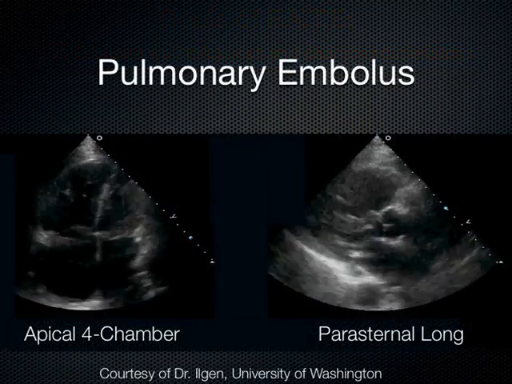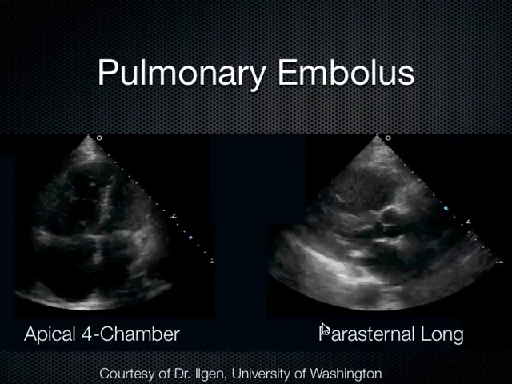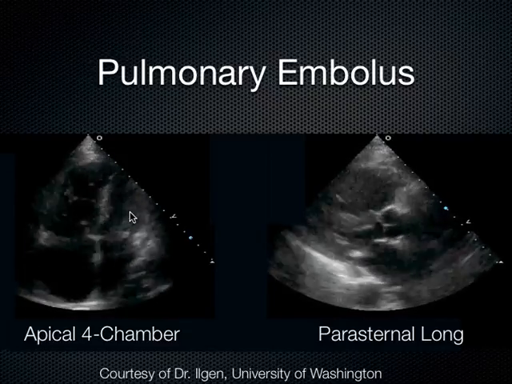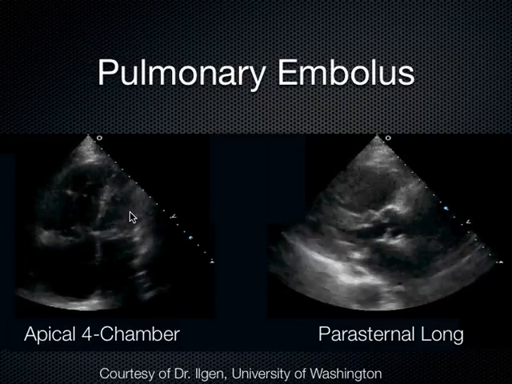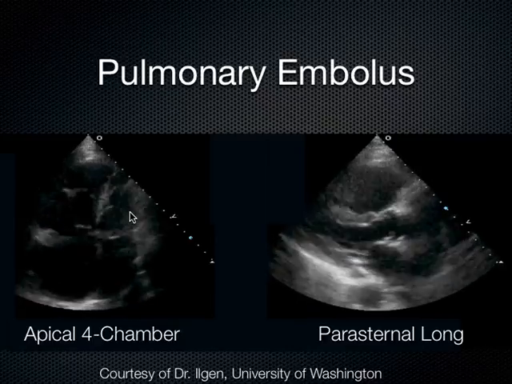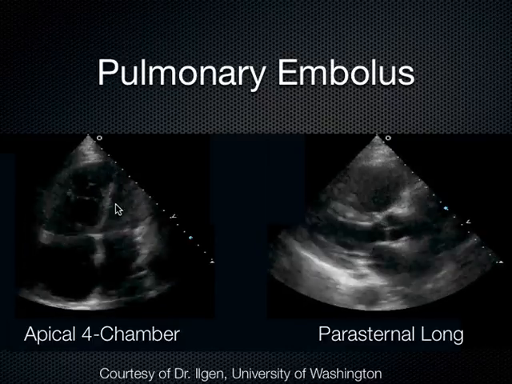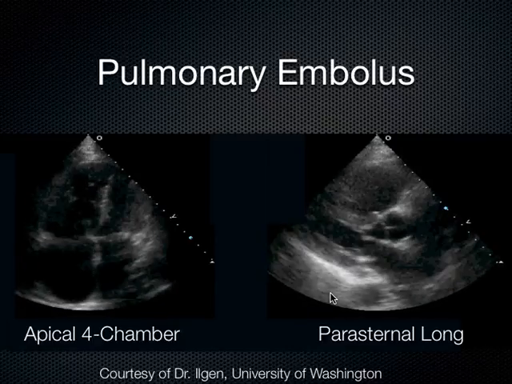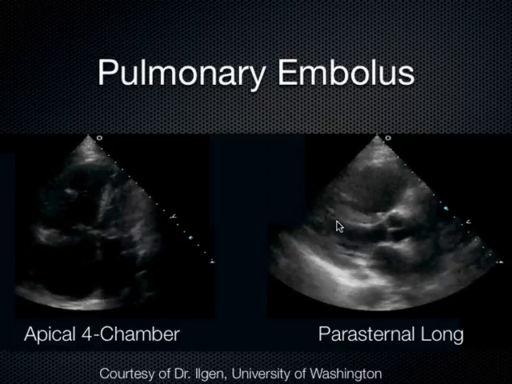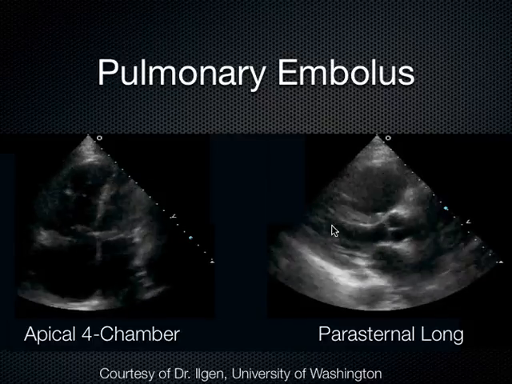And with pulmonary embolism, as I've been alluding to, we can see that the right ventricle is much larger than the left ventricle. At least it approximates the left ventricle. See, the problem is when the blood can no longer get through the vasculature bed of the lung and make it back to the left ventricle, the left ventricle gets pretty low in its volume status, and you can even get kissing walls here.